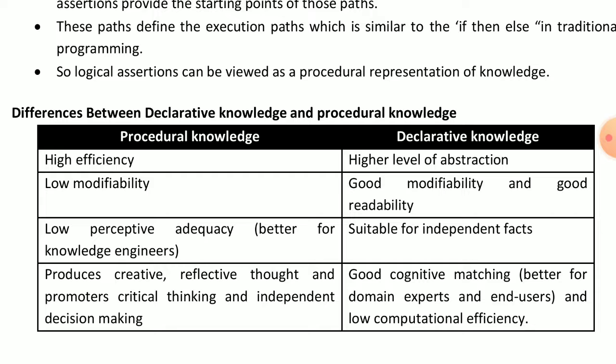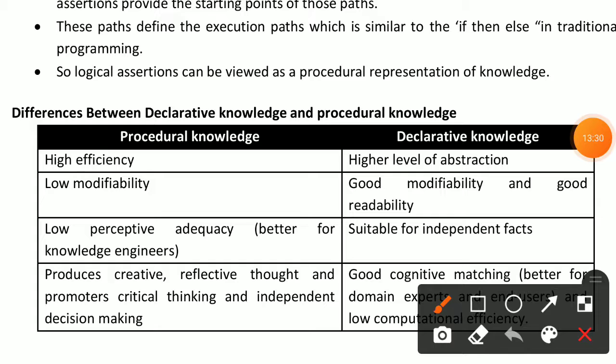Next difference is that it produces creative, reflective thought and promotes critical thinking and independent decision making. We can make some independent decisions, and we can use critical thinking, different paths, different solutions which are possible in the procedural knowledge.